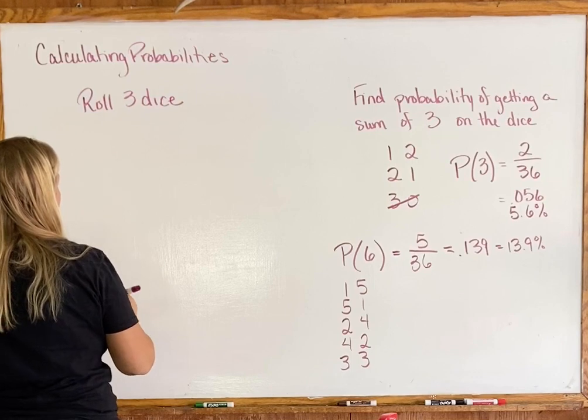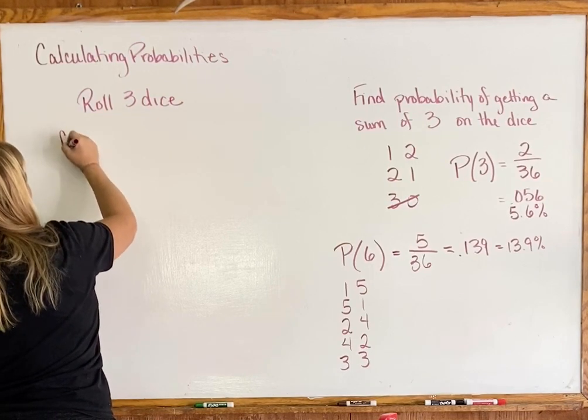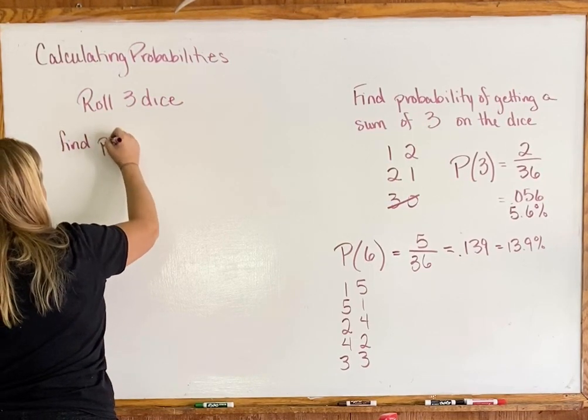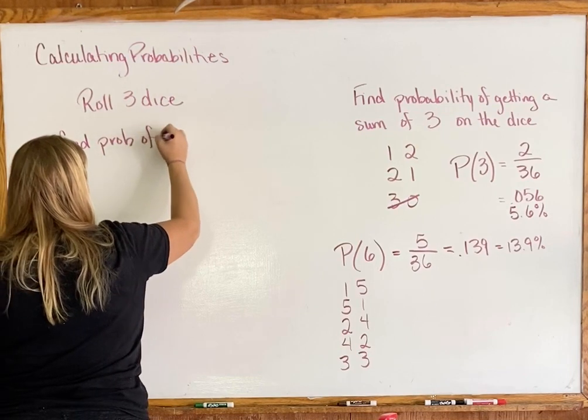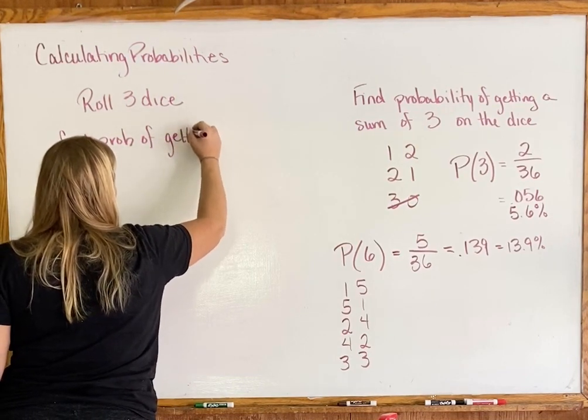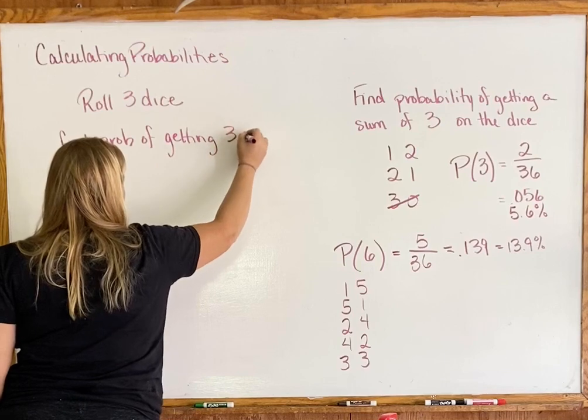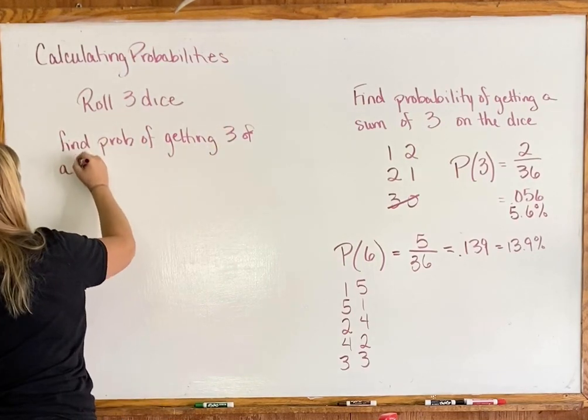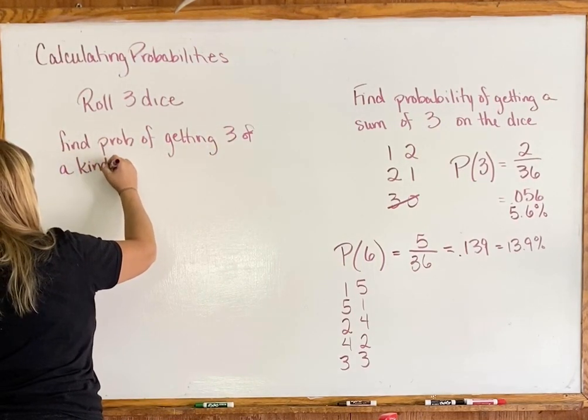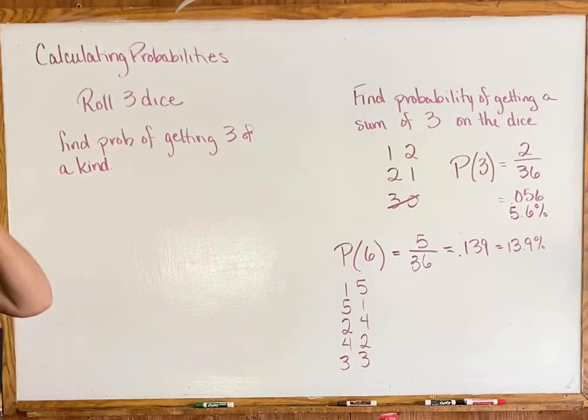And I want the probability, so we're going to find the probability of getting 3 of a kind. So just mixing it up a little bit just to keep you thinking here.